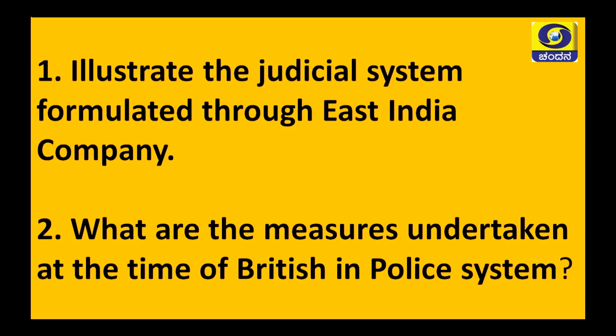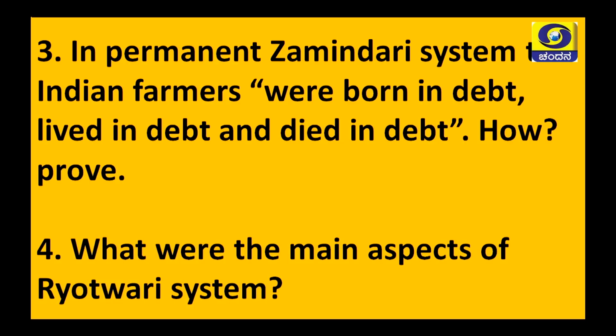Every village was headed by a chowkidar, a person who looked after the village. The entire district was headed by the Superintendent of Police. So these are important measures taken in the police system of India.